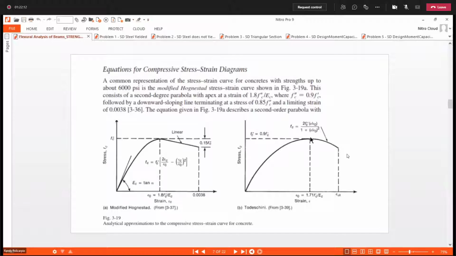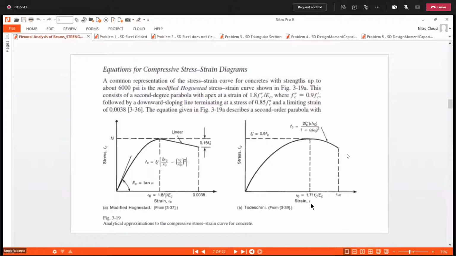Yung maximum stress dito sa diagram na to is similar to the modified Hognestad, which is also equal to 0.9 F prime C. Okay? And also the value of the strain, yung value ng strain kung saan nag-occur yung ating maximum stress.